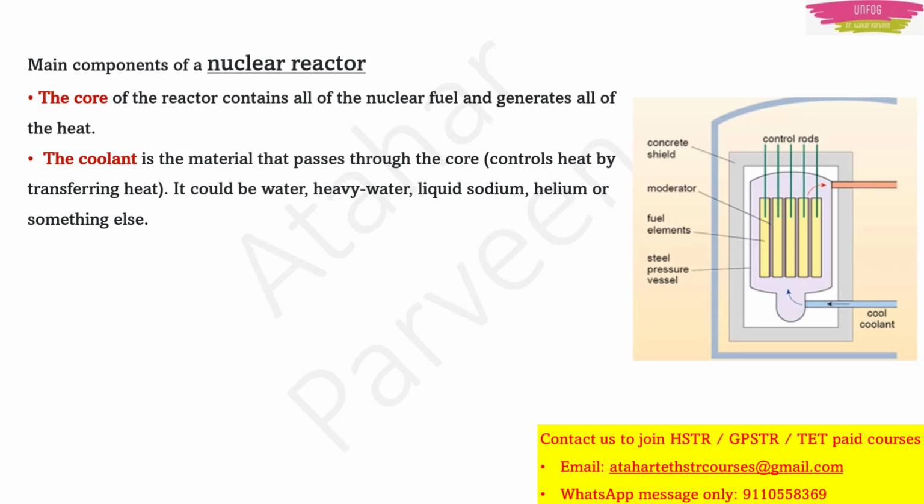Energy means heat only, right? So that heat will be transferred to some turbine kind of thing in the nuclear reactor. This is done by the coolant. Now this coolant could be water, heavy water, liquid sodium, helium, or something else also. But examples are water and heavy water, you can say.